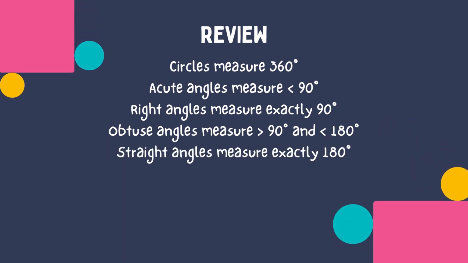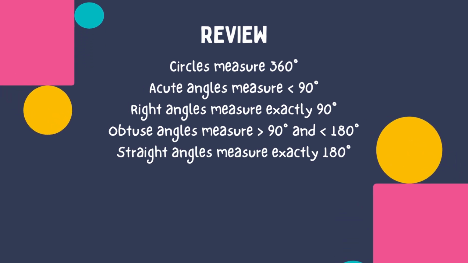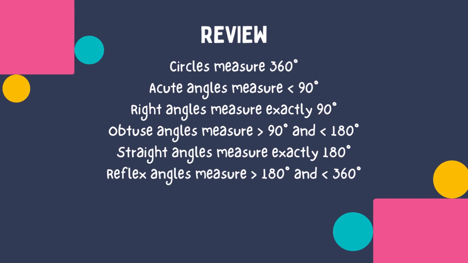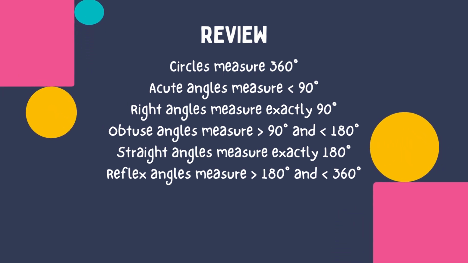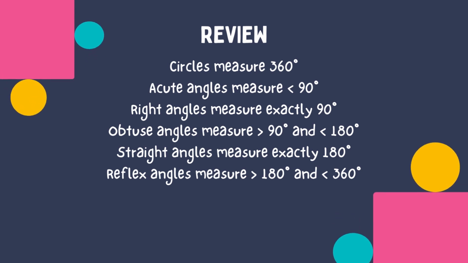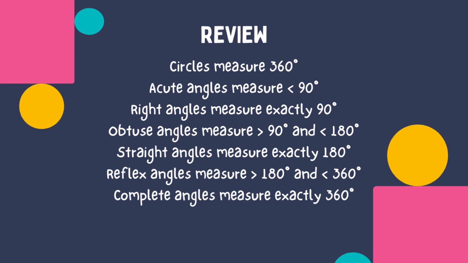Angles measuring exactly 180 degrees are called straight angles. Angles measuring greater than 180 degrees and less than 360 degrees are called reflex angles. And angles measuring exactly 360 degrees are called complete angles.